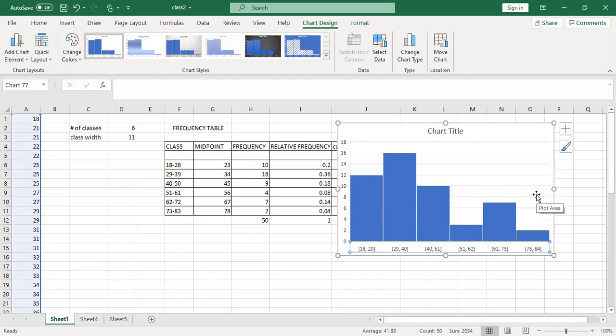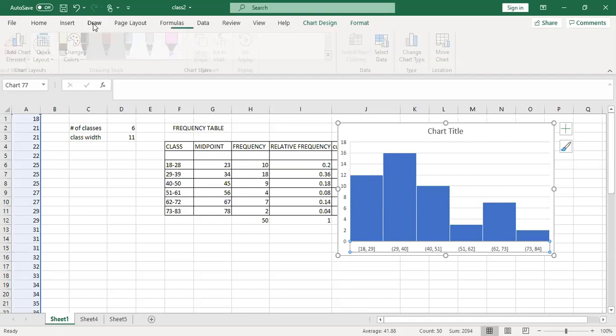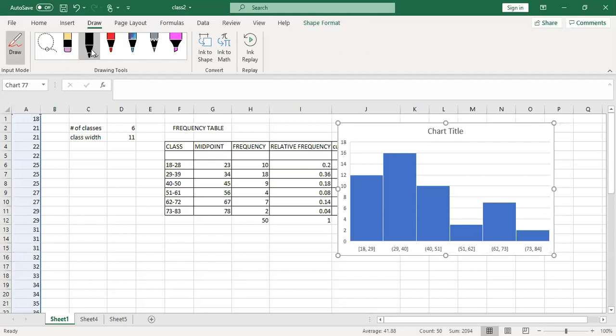Now, if we graph a curve on top of the histogram, say something like this, we see that there is kind of a tail on the right side, no?